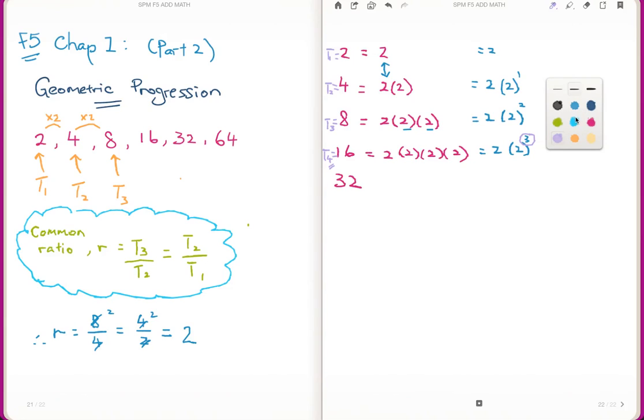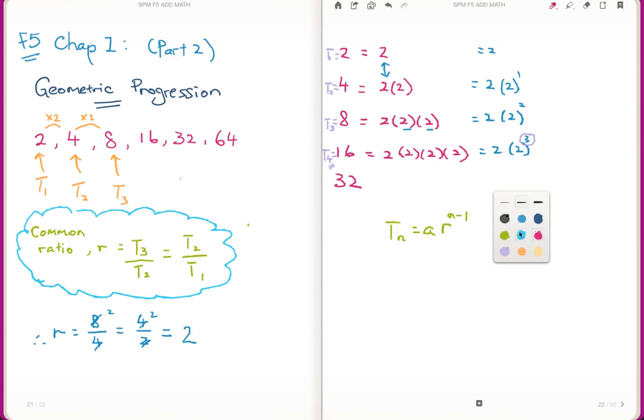So based on this observation, you may deduce an equation for the term: the first term, A, times R to the power of n minus 1. This is the term number.